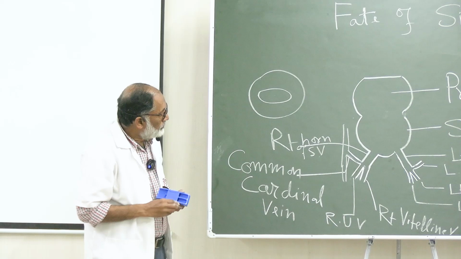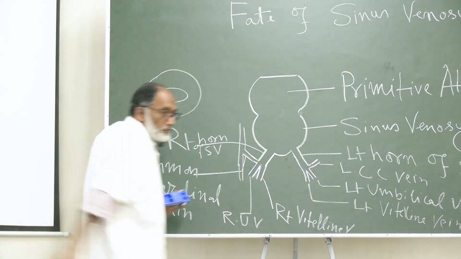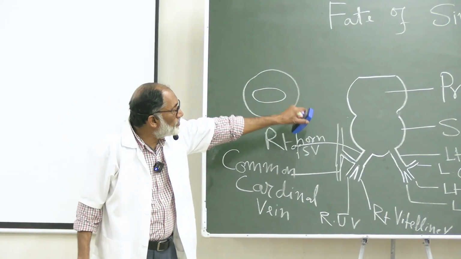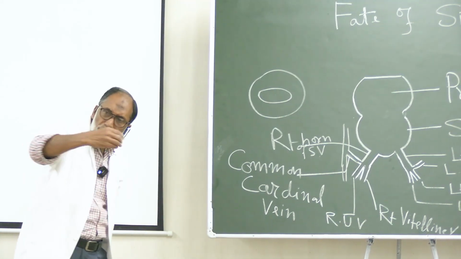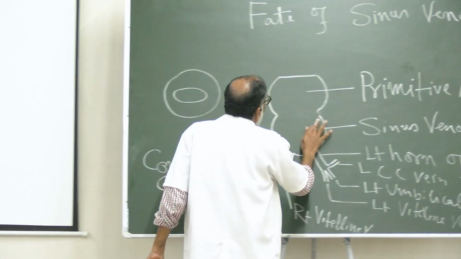Now here you see this groove, the left groove, which is separating the primitive atrium and sinus venosus, becomes deepened, it grows inwards.